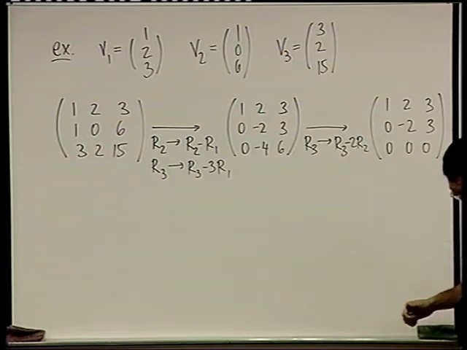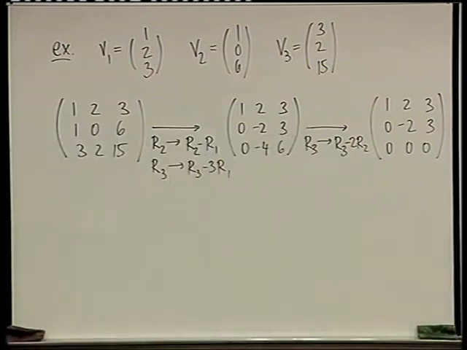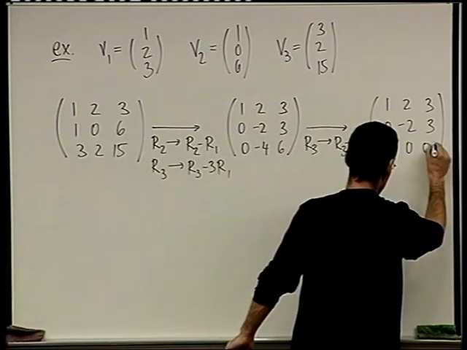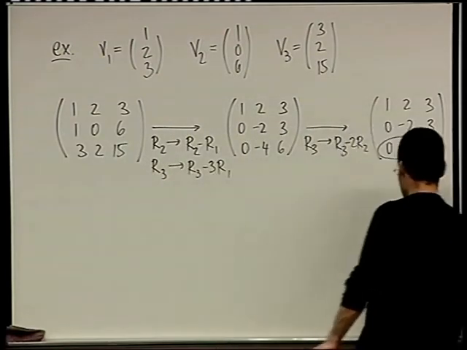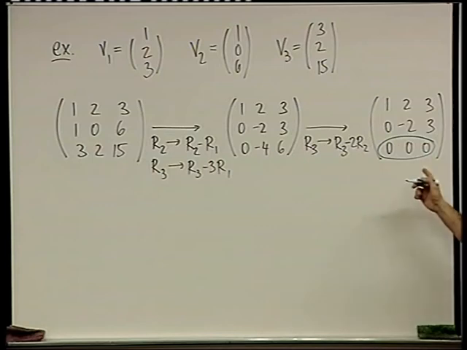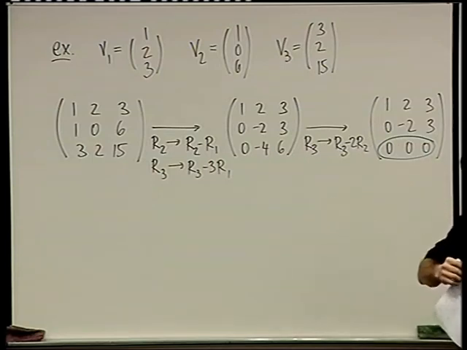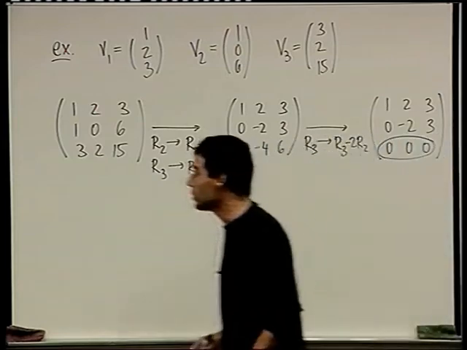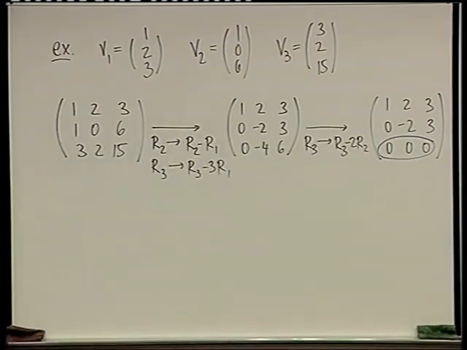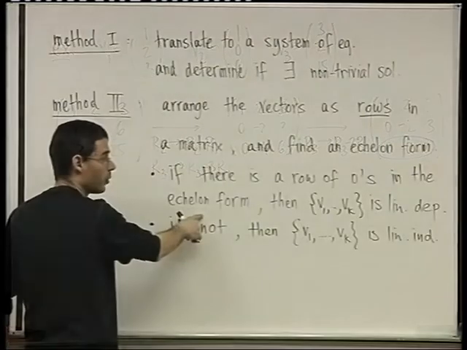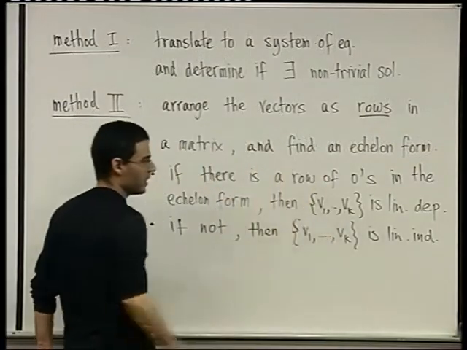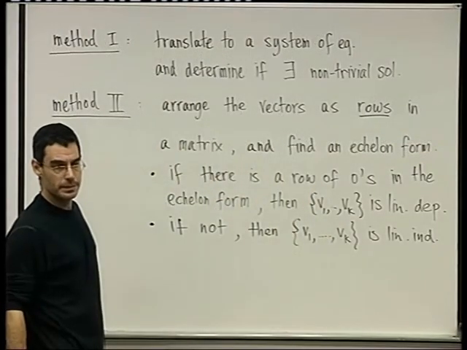Do you see that? Okay, so let's take a different color here. How about blue? There's a row of zeros here. And that's it. That's all we need to know. Let's go back to the recipe. The recipe said, if there is a row of zeros in the echelon form, your original set of vectors is linearly dependent.